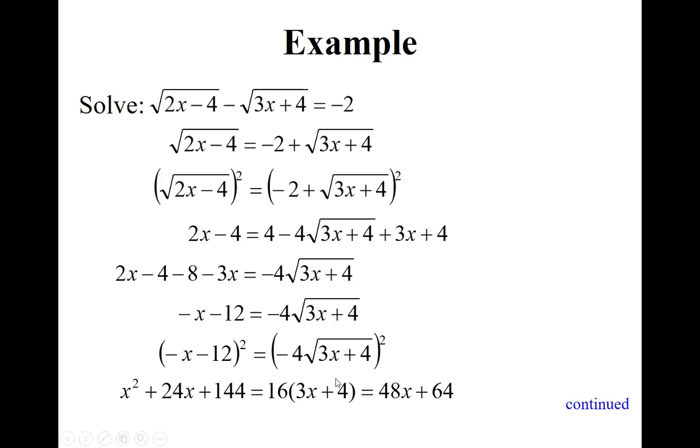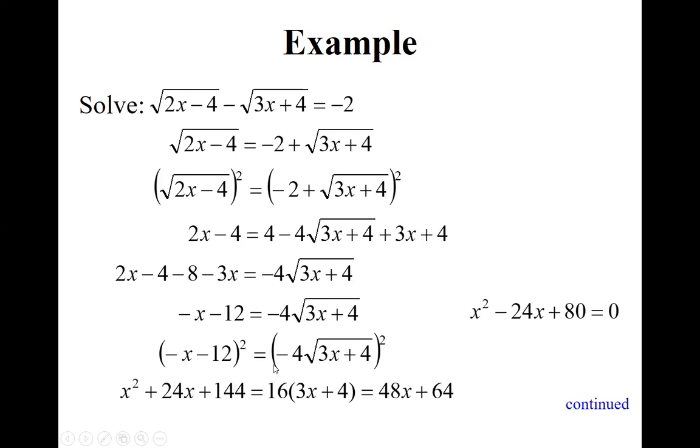And 16 times 3x plus 4 equals 48x plus 64. So we have x squared plus 24x plus 144 equals 48x plus 64.